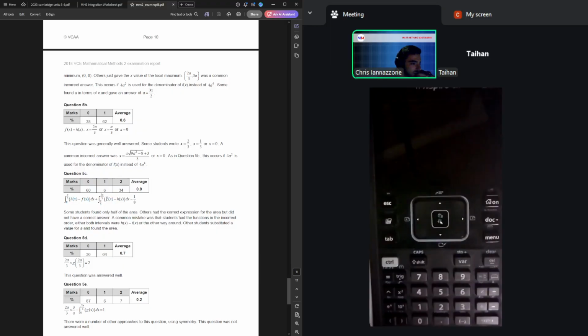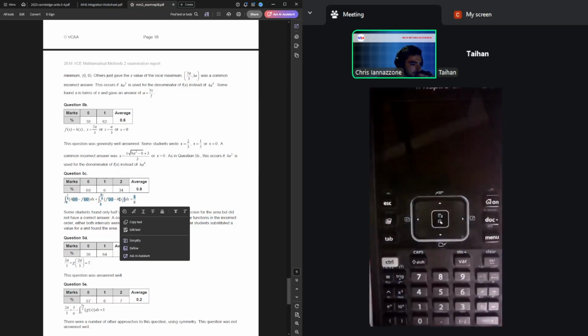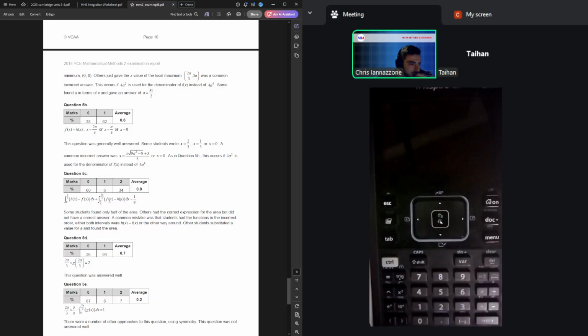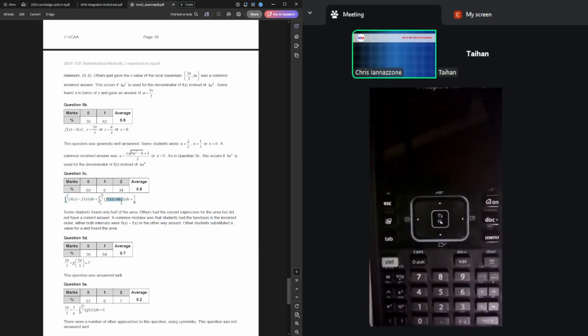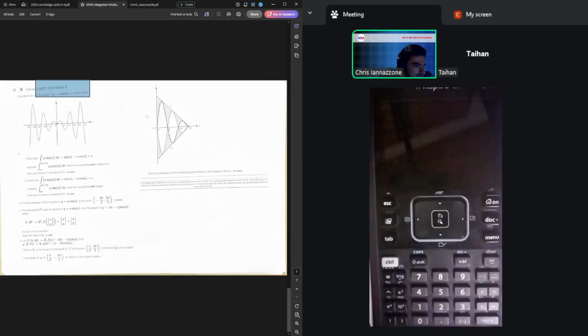Oh, yeah, okay, no, I think it's this bit here. It looks like earlier in the question you create an expression that is the difference of the two functions.